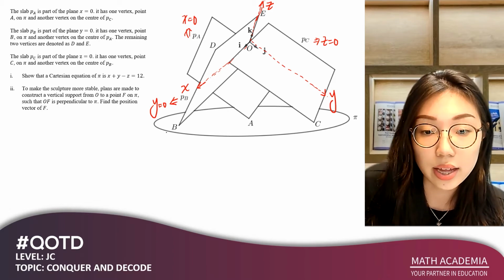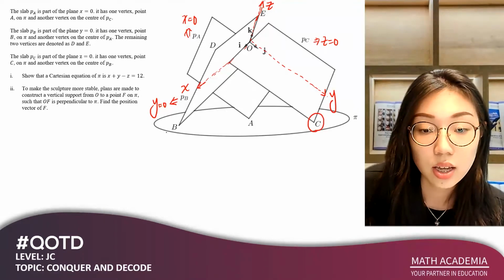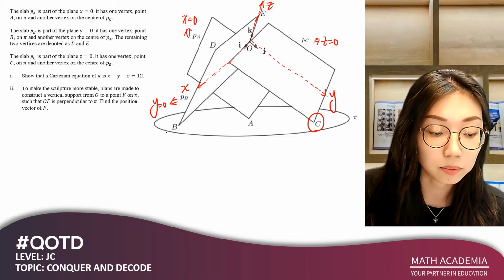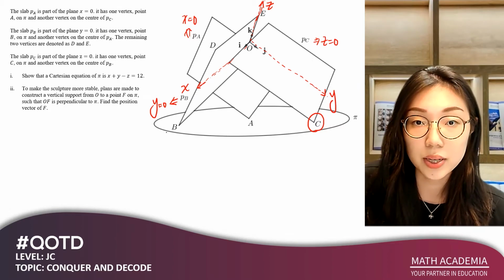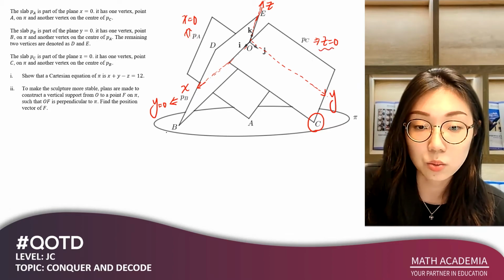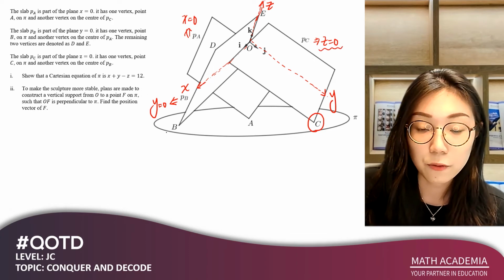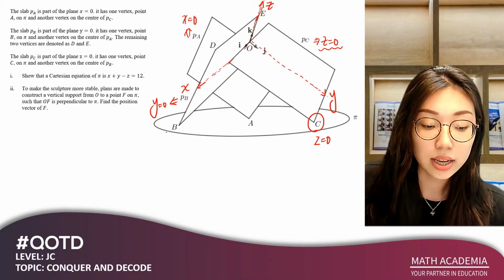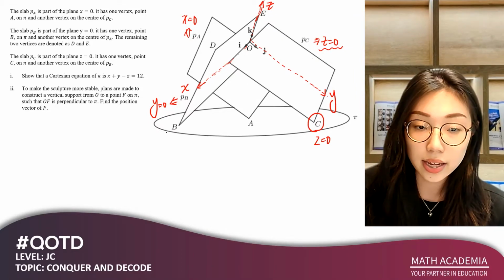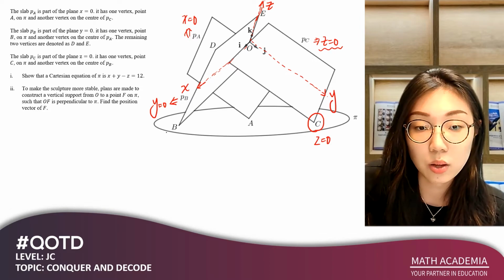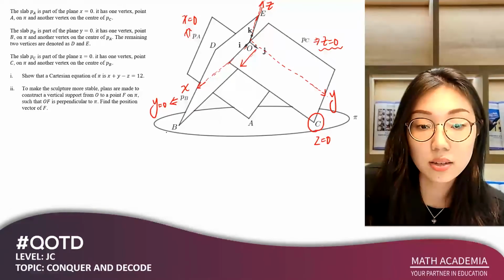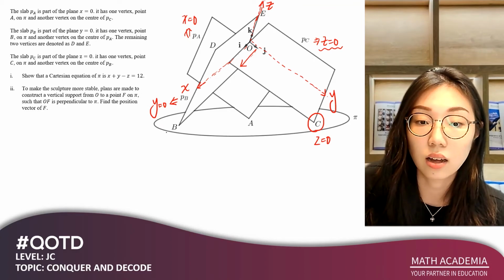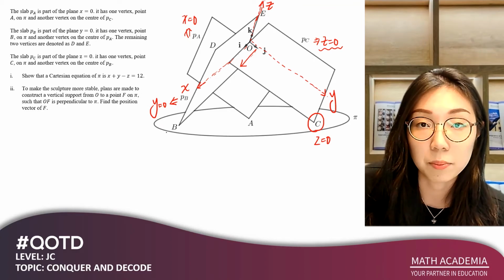So let's look at point C first. For point C, it is on the PC plane. Remember, just now we said that PC plane has z equals to 0. Therefore, for point C, we know that z equals to 0. Next, let's look at the coordinates of x. For point C, it would move 4 units in the positive x-axis, as the origin lies along the middle of the plane PC.